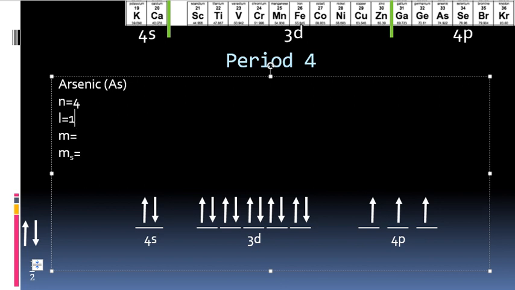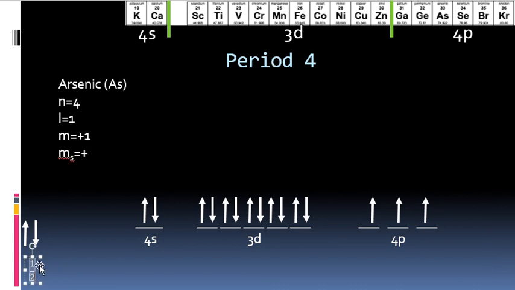L for any p electron will always equal 1. M can range from -1 to +1. Therefore, that final spot would have a +1 as a magnetic quantum number. And since it is spin upwards, the quantum number for the electron spin is going to be +1/2.